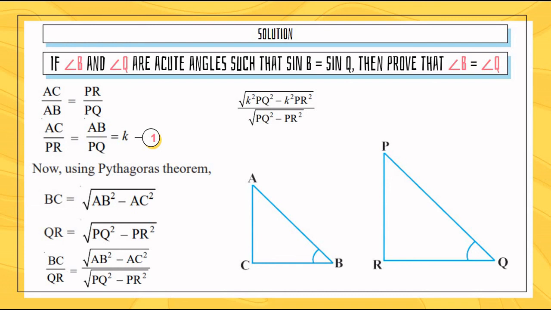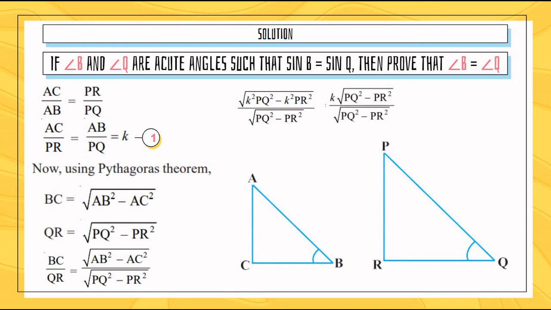Alright. So it's going to become root of K square PQ square minus K square PR square divided by root of PQ square minus PR square. Then we can take K square as common in the numerator.